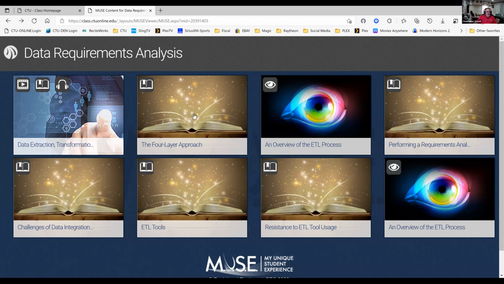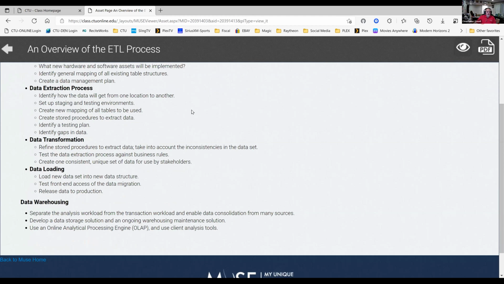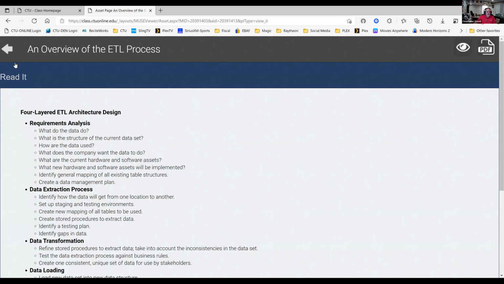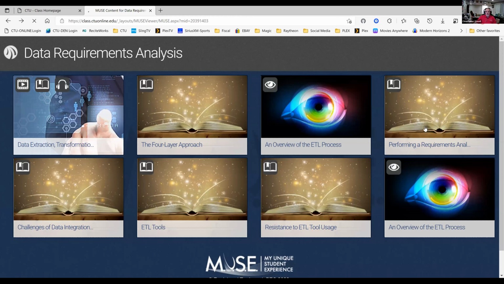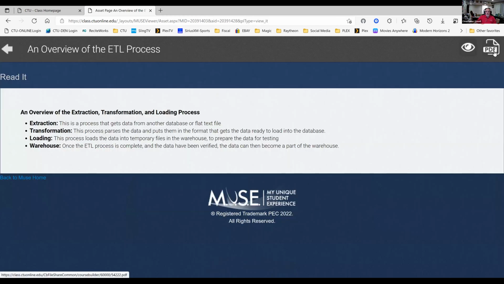The book readings are basically additional text to read above what the books you're actually paying for. When you see the little eye icon, that is basically a bullet list or another type of reading material you should look at. You do have the ability to acquire it via PDFs if you wish to download it offline.